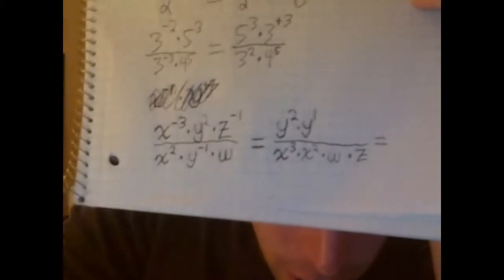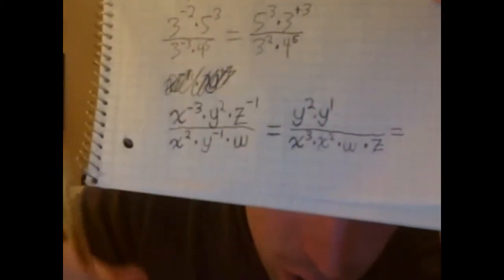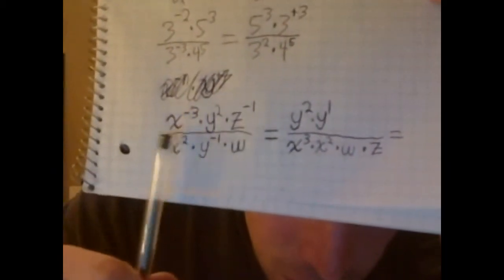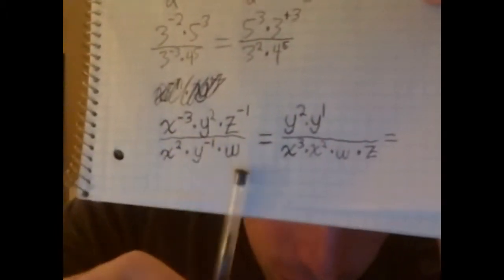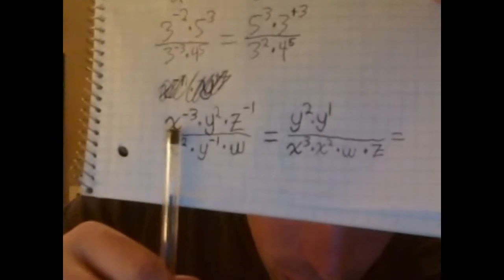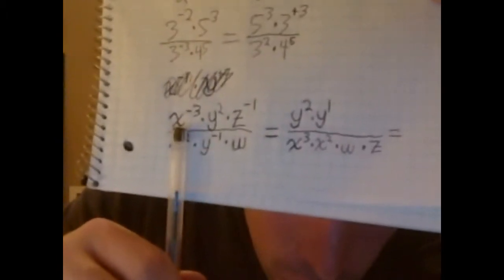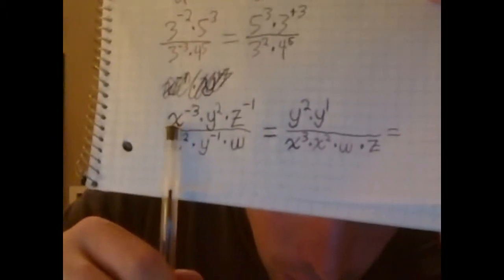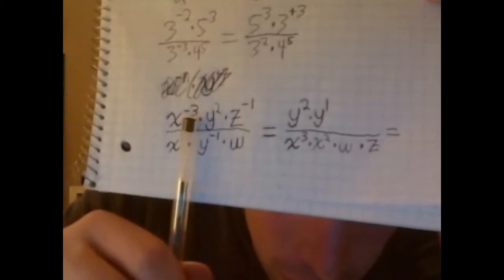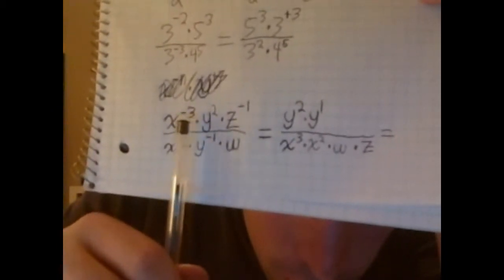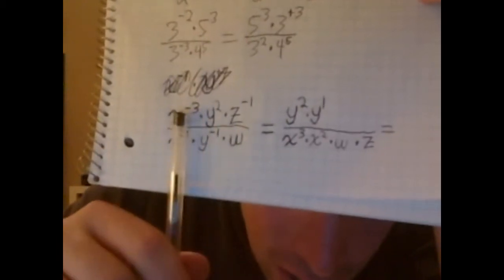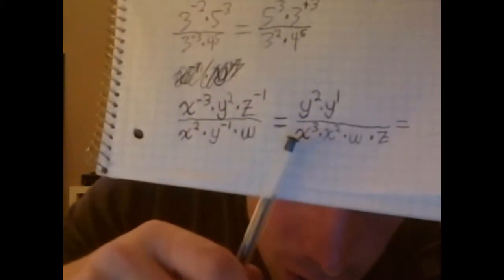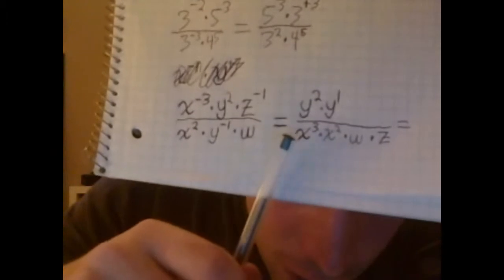Let's take a look at what we did here. We have to systematically go through each of these. I'm going to do the numerator first, and then the 3 in the denominator. So we'll start with the leftmost numerator element, x to the negative third. This one must move because it has a negative exponent. So we're going to take it and put it in our denominator with a positive exponent.